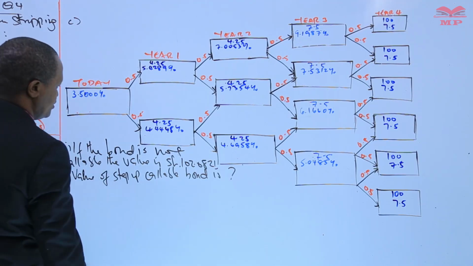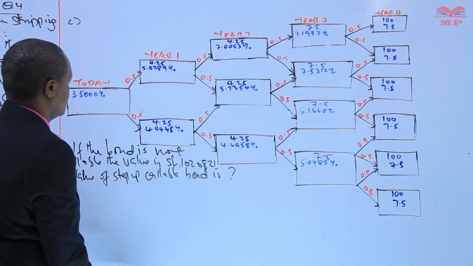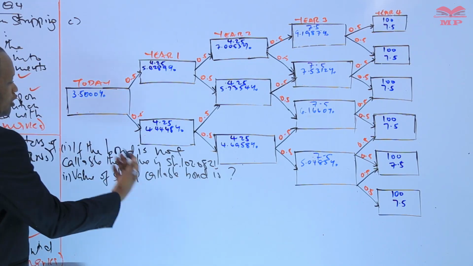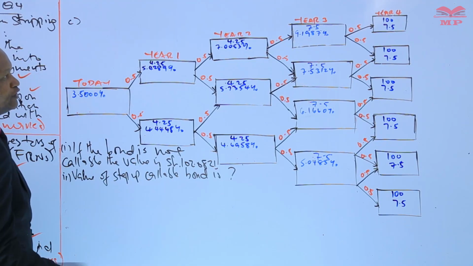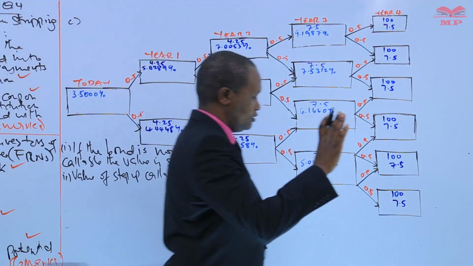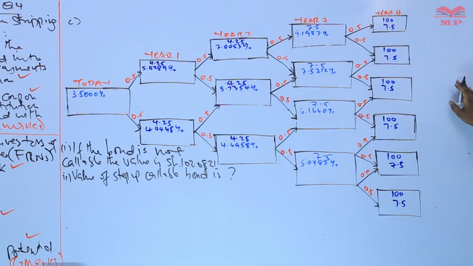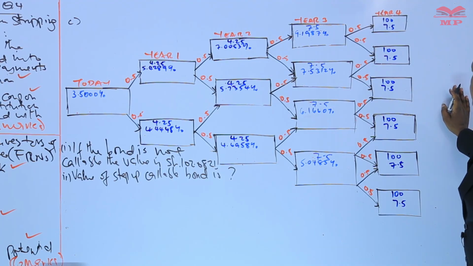So what will be the value of the callable bond? The first one was not a callable bond. It was an option-free bond. We're going to use the same approach, and we will demonstrate the difference as we move along.